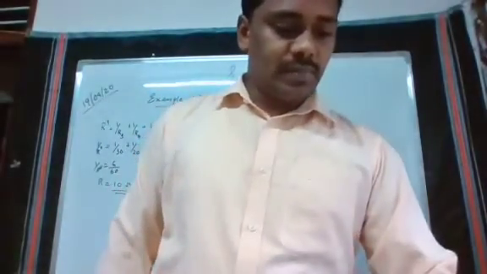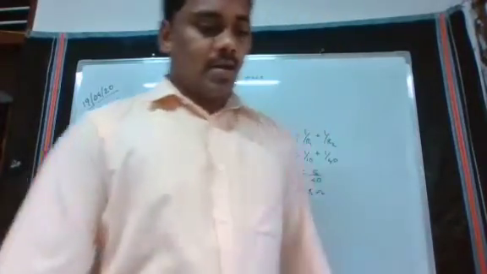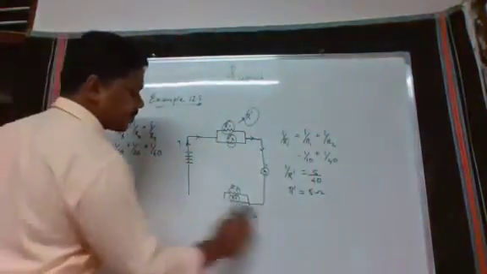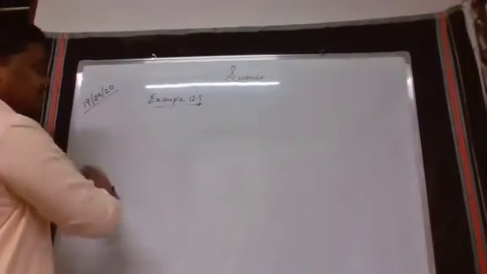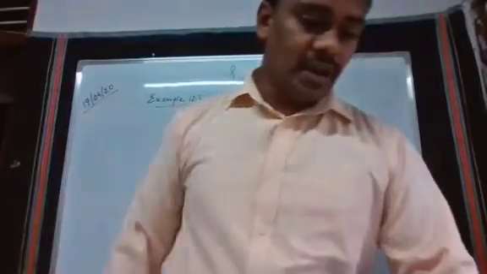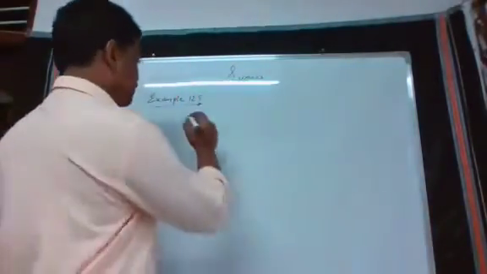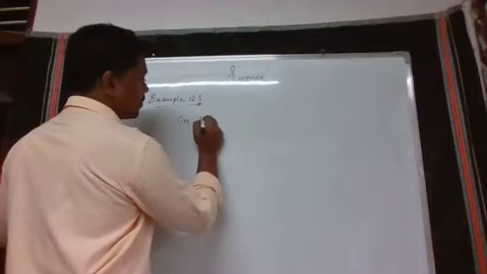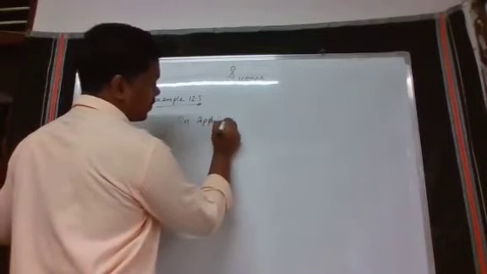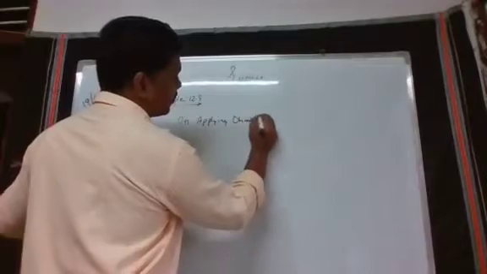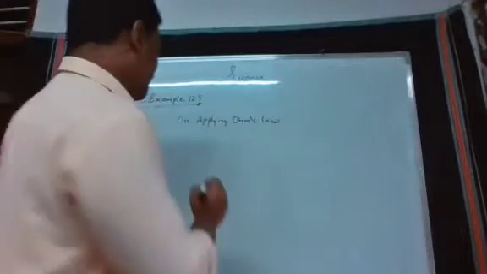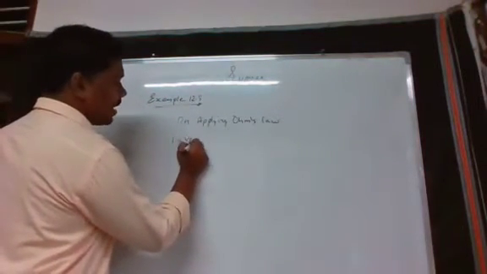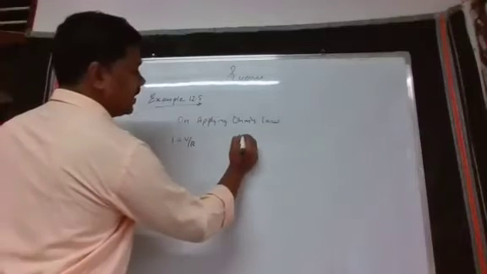What is the question? Calculate the current. For calculating the current, how will we find it? We will apply Ohm's law. On applying Ohm's law, we get I is equal to V by R. So what is V? 12 volt.